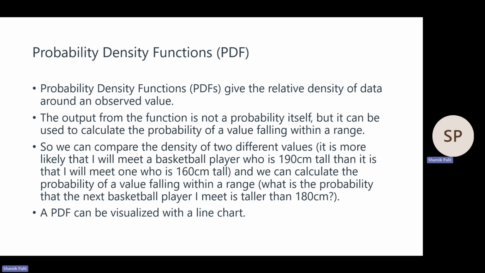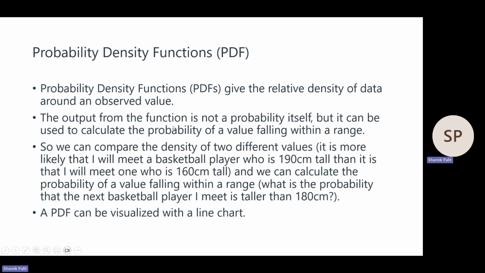Say, for example, whenever we start finding the probability of a specific height of any basketball player, it's always better to make use of PDF, because it always focuses on the relative density of data in a specific observed variable.